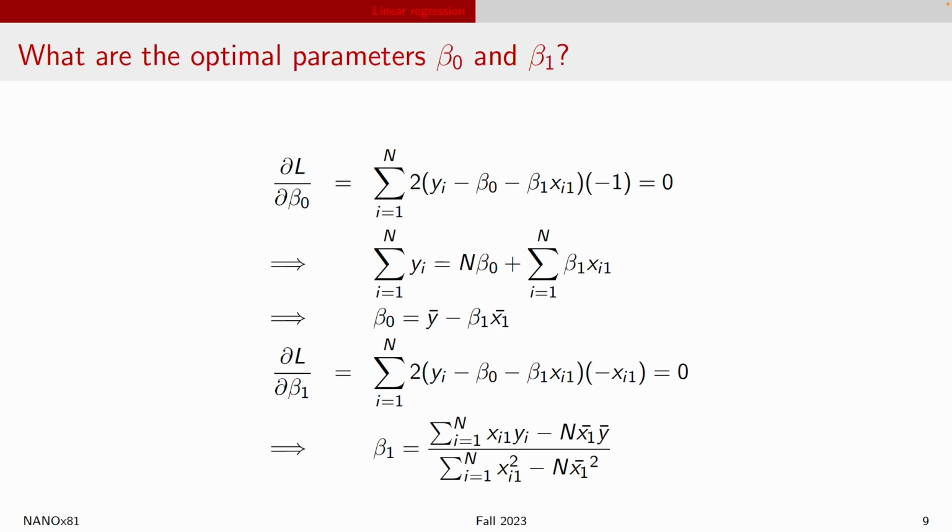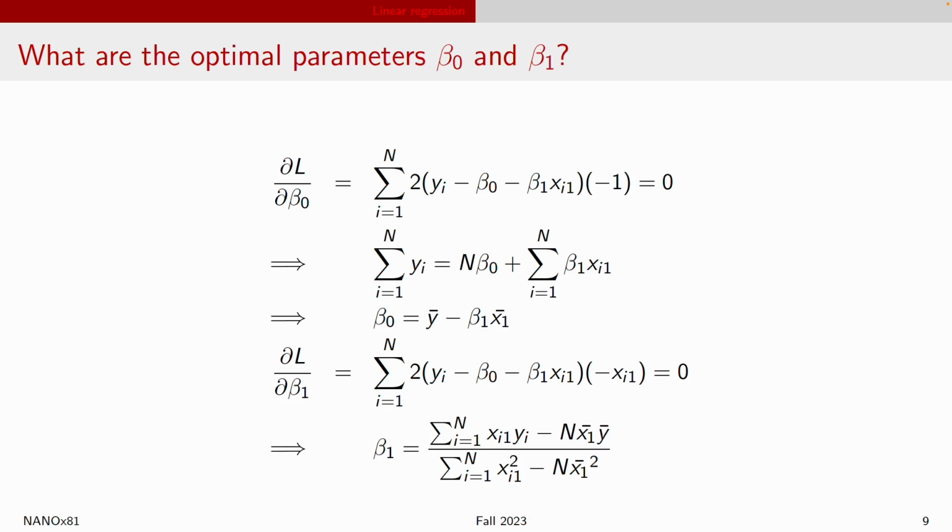If you take the derivative of your L with respect to beta naught and set it to 0, after you manipulate the variables, you get that beta naught must equal the mean of y minus beta 1 times the mean of x. If you take the derivative of your loss function with respect to beta 1 and set it to 0, you get that beta 1 is given by the covariance of x and y divided by the variance of x.